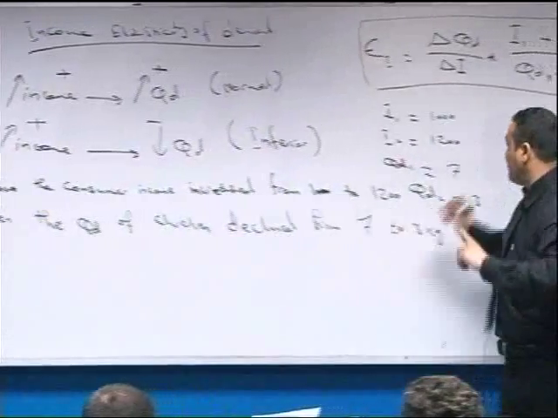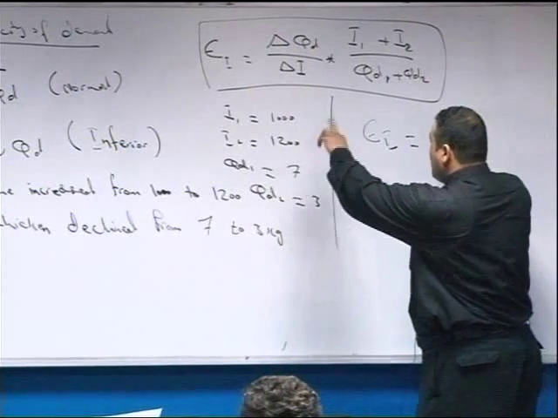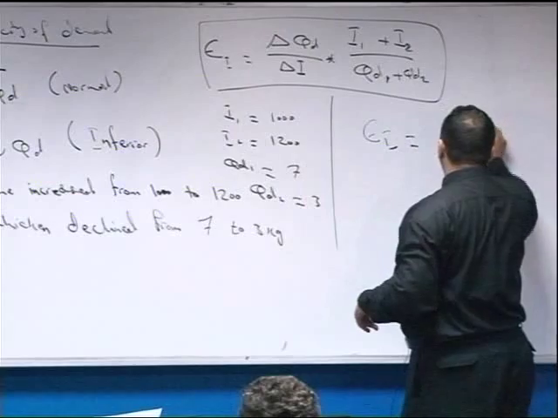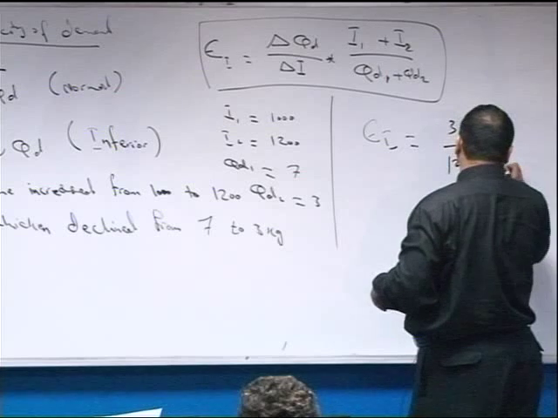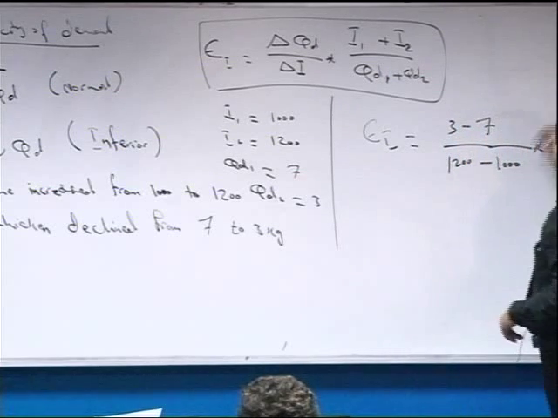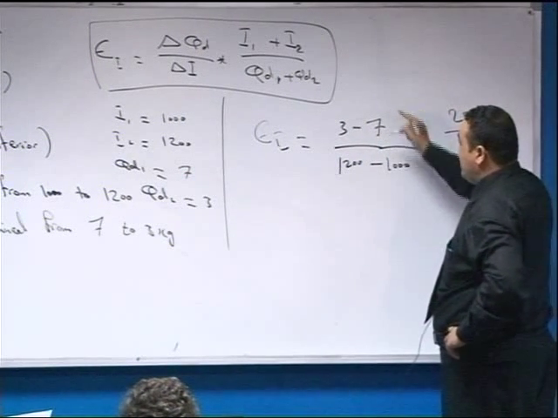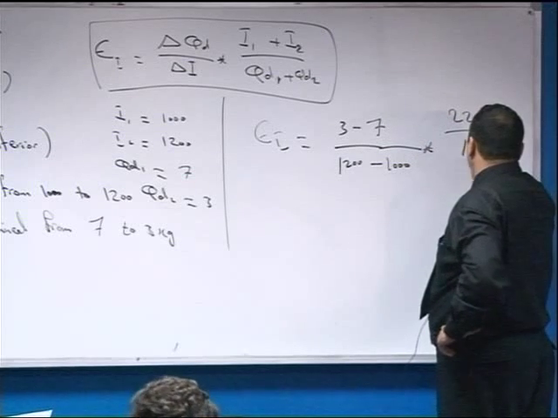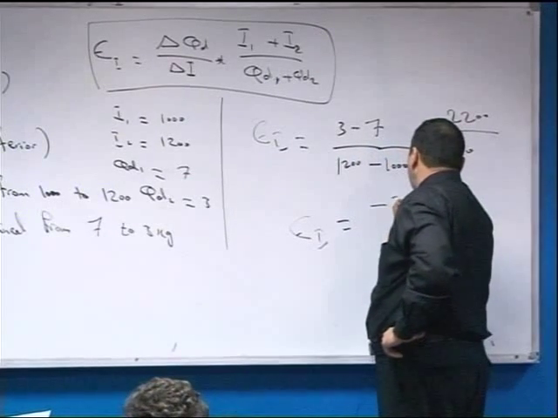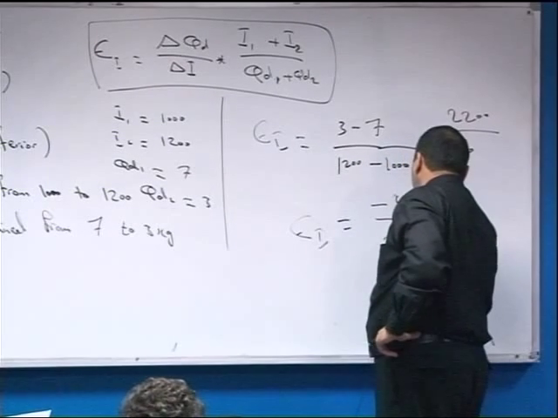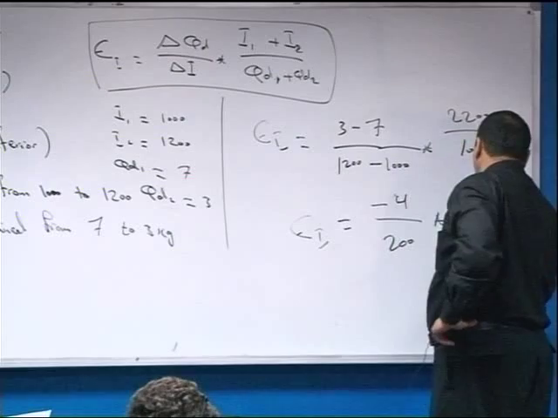Direct substitution in this formula: E_I equals (3 minus 7) over (1,200 minus 1,000) times the summation of incomes, 2,200, over the summation of the quantities demanded, 10. E_I equals how much? Minus 4 over 200 times 2,200 over 10. How much?